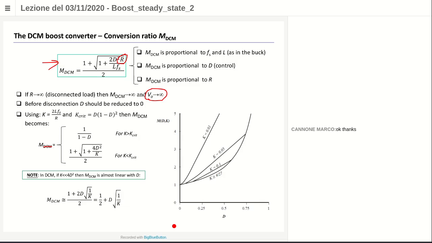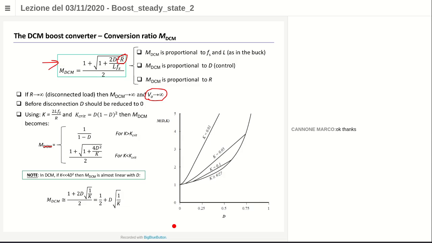I saw in the few minutes I went into the lab on Friday that some students, in order to measure the output resistance when the buck is operating, disconnect the load and then put the terminals of the load to the multimeter, to the ohmmeter, in order to measure the resistance, because it's something that they have to measure according to the guideline of the laboratory.